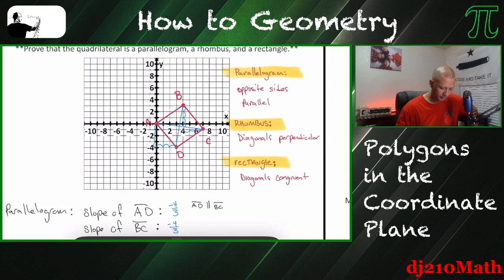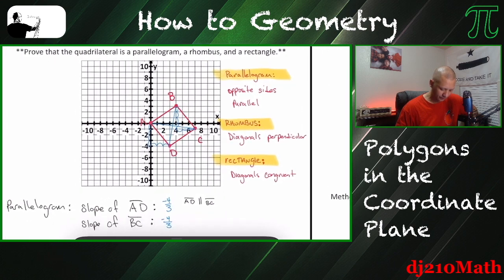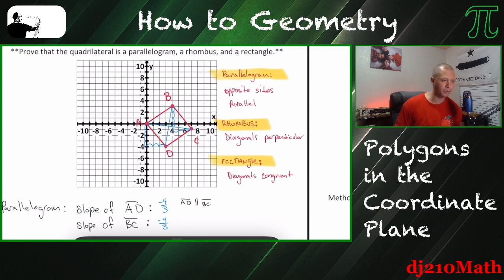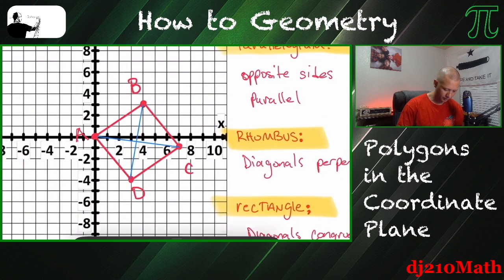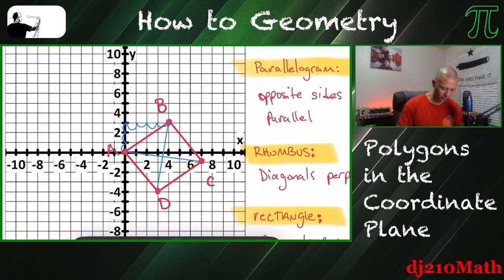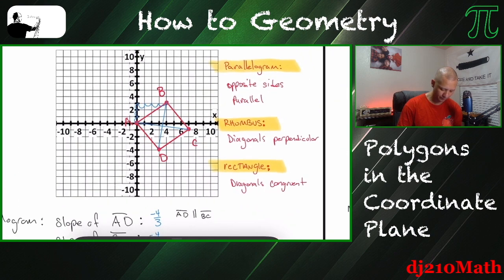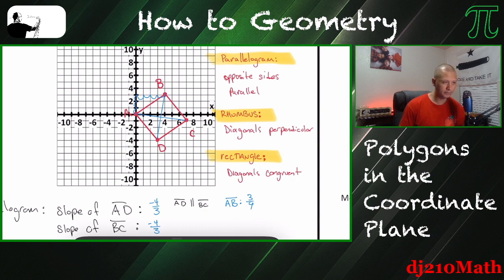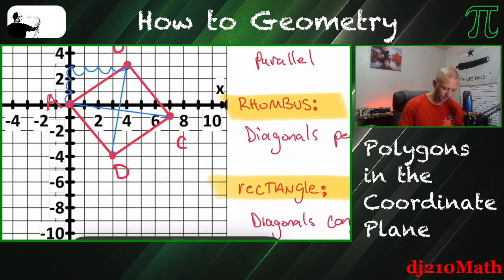All right. Then the slope of AB, right? Opposite sides have to be parallel. So AB, starting at A, we're going to count up 1, 2, 3. Then to the right, 1, 2, 3, 4. So up 3 over 4 for AB. And then DC, we're going to start at D and count up 1, 2, 3.